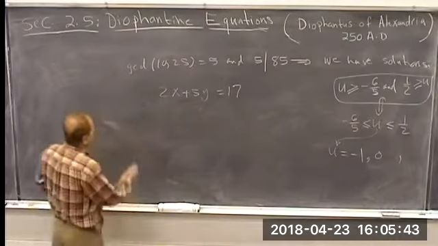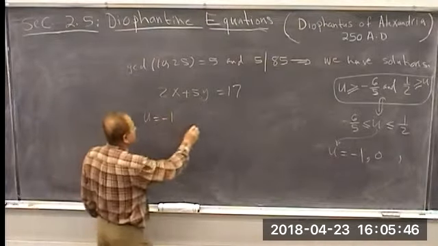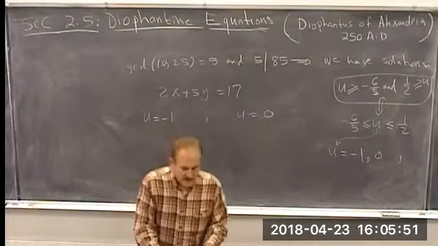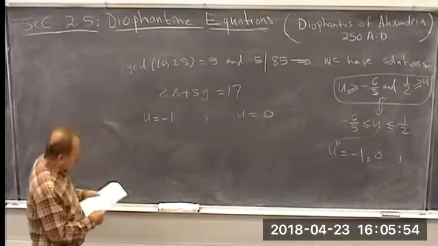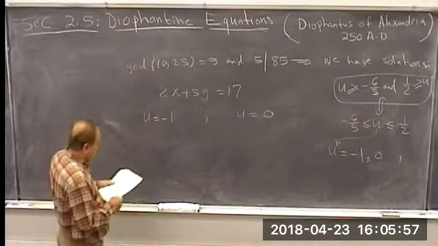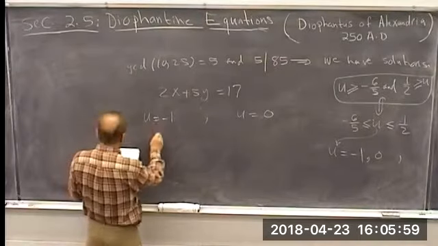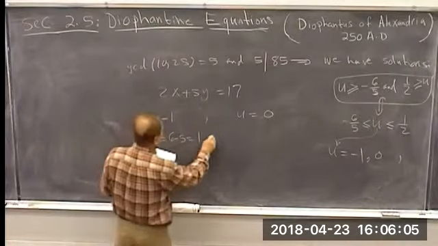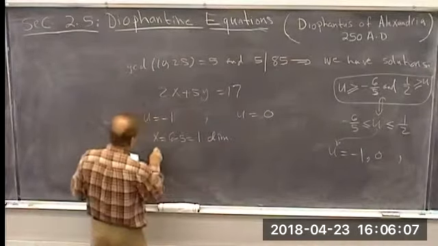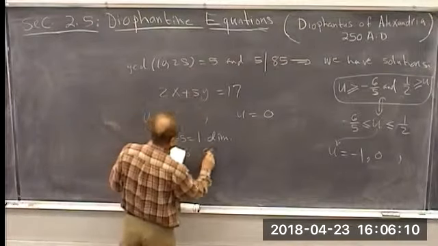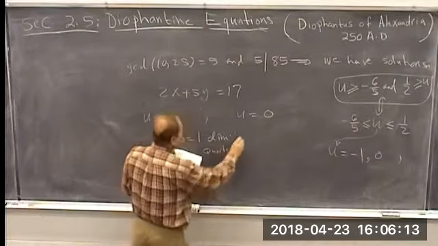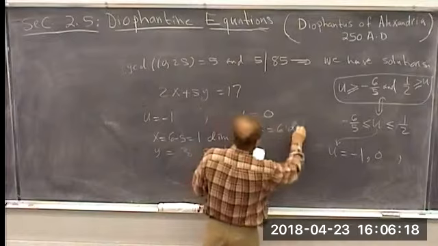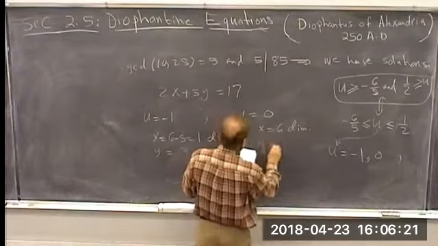And this gives me two possible change combinations. For u equal to -1 you get x equal to 6 minus 5, which is 1 dime, and y equal to 3 quarters. For u equal to 0 you get x equal to 6 dimes and 1 quarter.